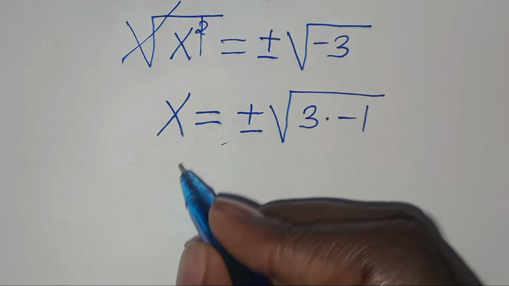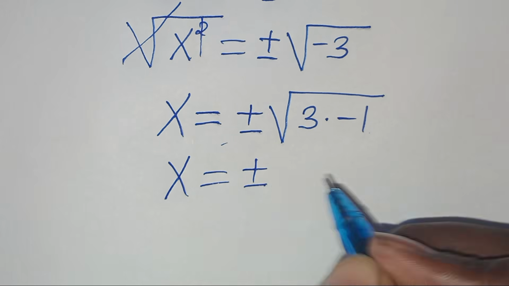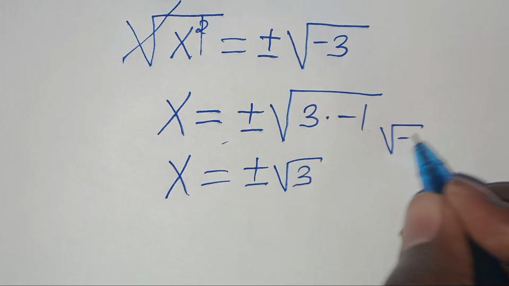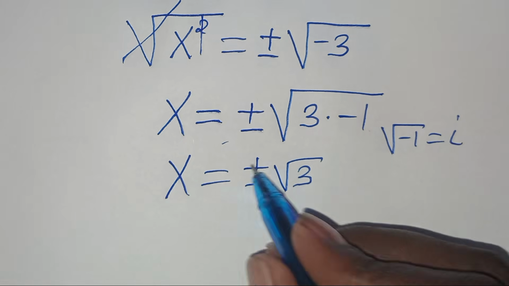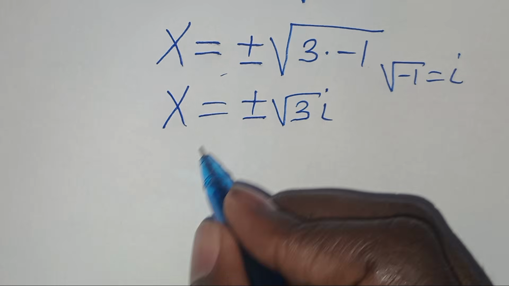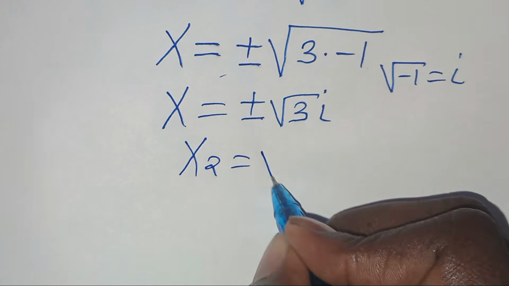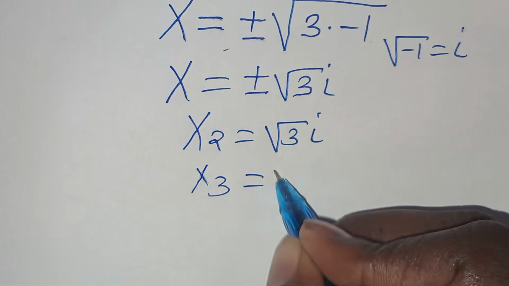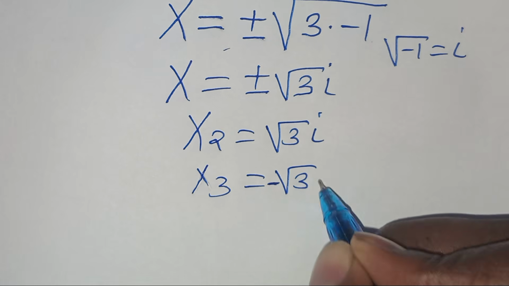In this case, we have x is equal to plus or minus the square root of 3 times the square root of negative 1, and the square root of negative 1 is equal to i. So this is plus or minus square root of 3 i. So this means we have x2 is equal to square root of 3 i, and x3 is equal to negative square root of 3 i.